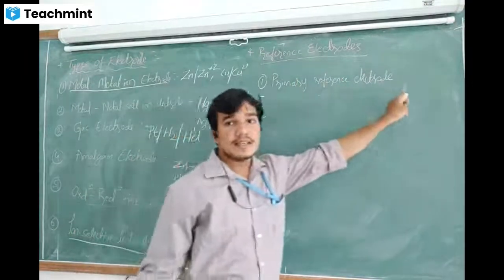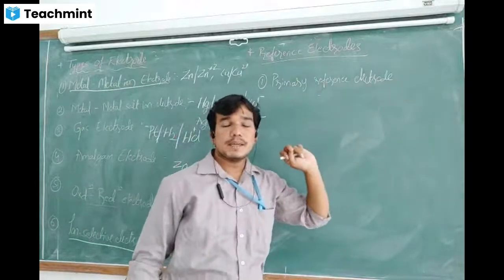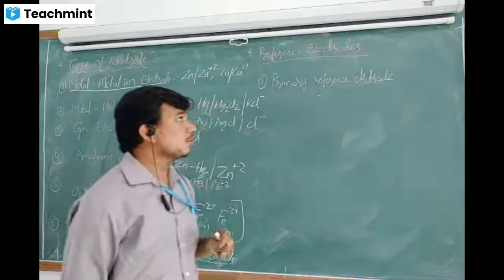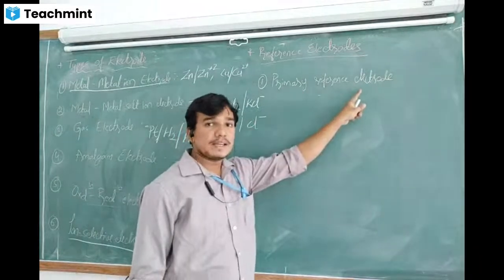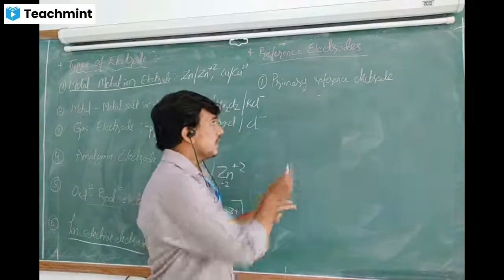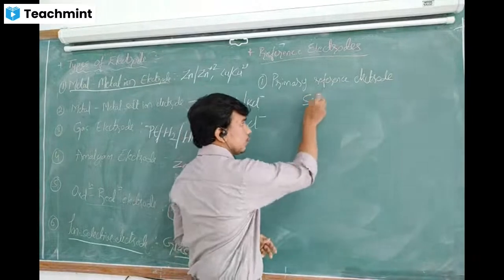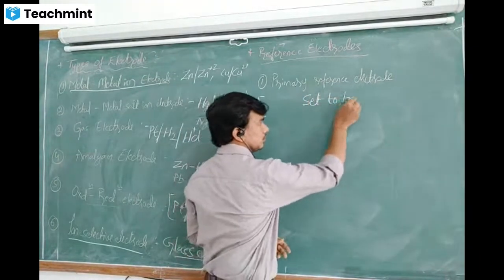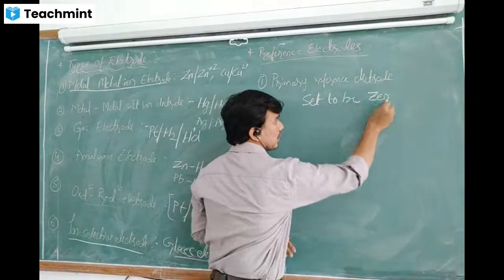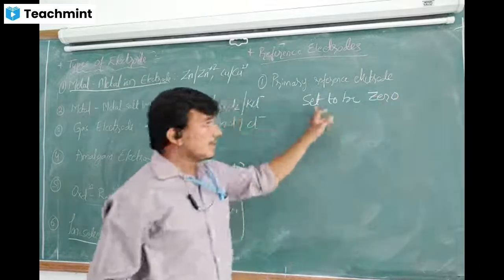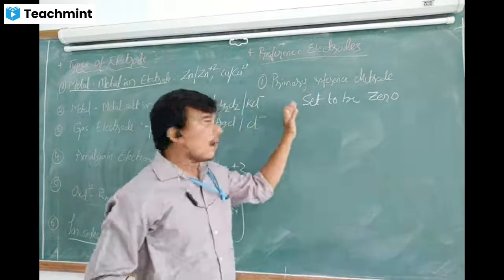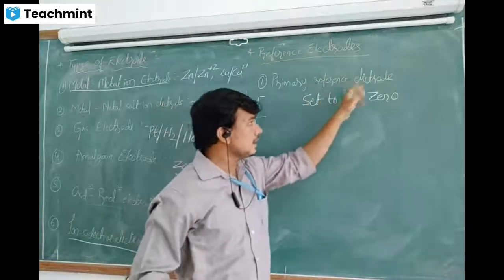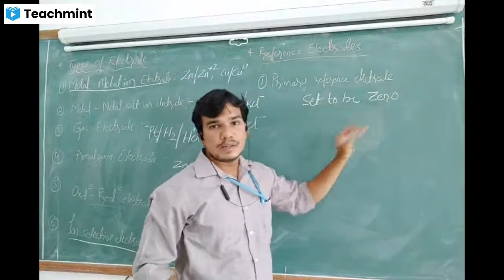Primary reference electrode. What is meant by primary reference electrode? Here, the electrode potential of the primary reference electrode is set to be 0, or arbitrarily we denote it as 0.